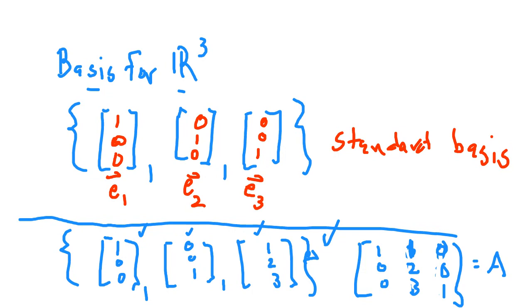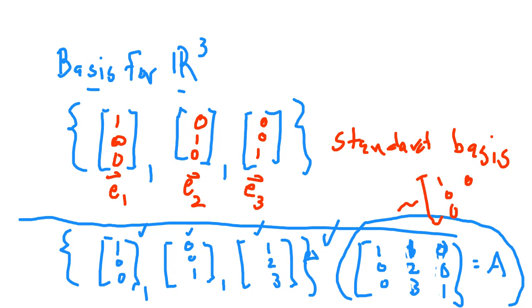So if you row reduce this, you should get a matrix like this: 1, 0, 0, 0, 1, 0, and 0, 0, 1. See?